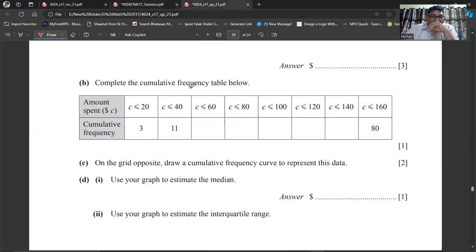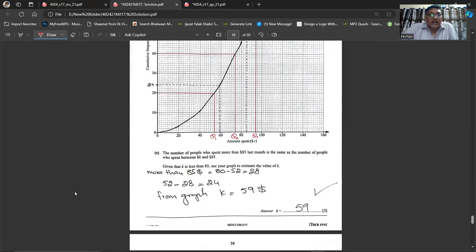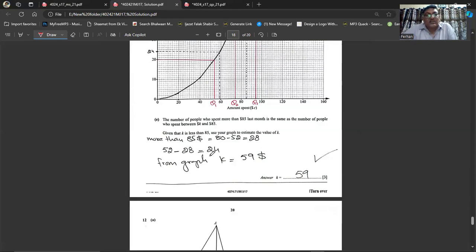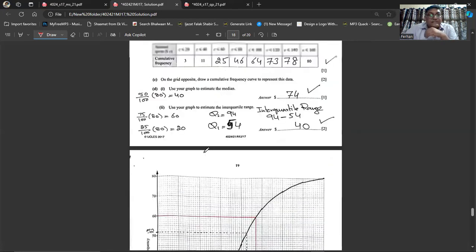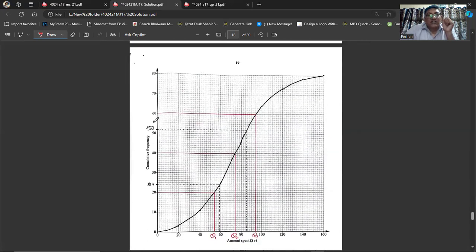Okay, then they ask me to use your graph to estimate the median. Now you see the total cumulative frequency here is 80. So what I will do is find 50% of that 80, and that is 40. So from my graph, I will check 40 on the y-axis.